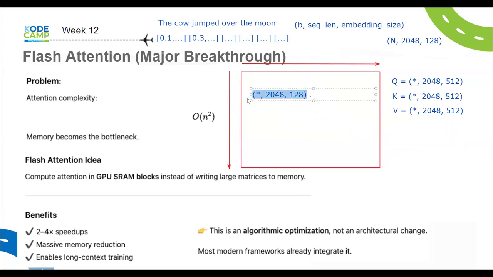K transpose is basically going to be the same as Q, except that you flip these two dimensions. So this will be 512 by 2048, because we have already projected them into these dimensions.